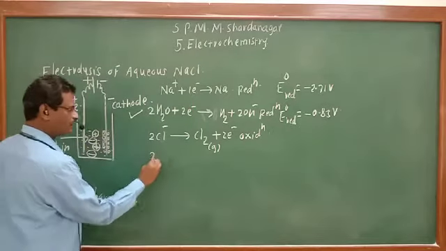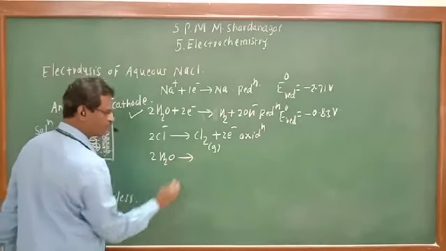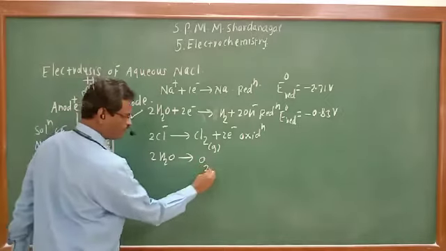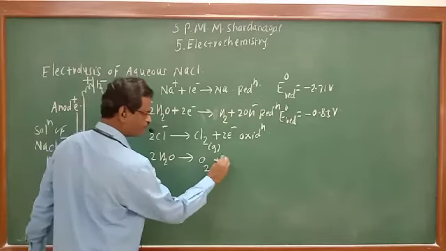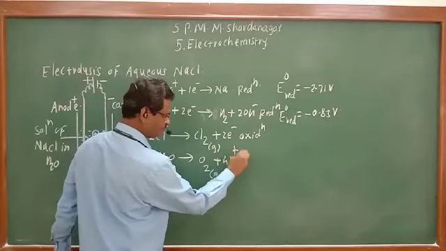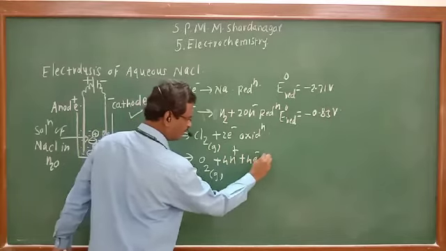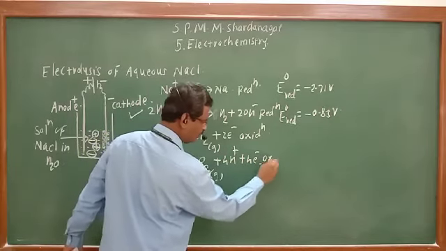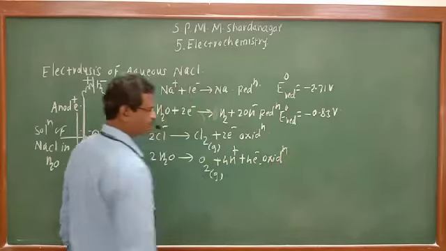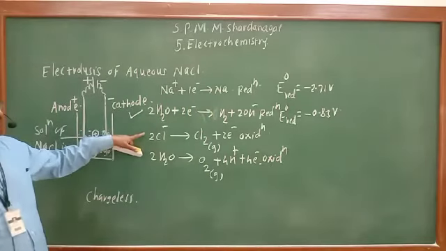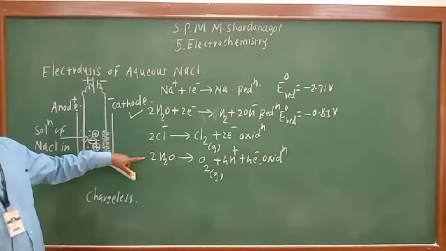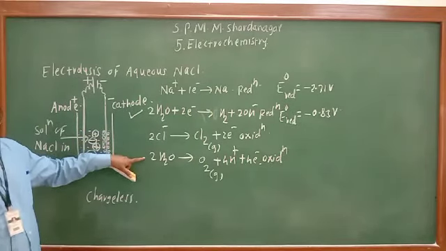The other oxidation reaction is 2H2O giving O2 gas plus 4H⁺ plus 4 electrons. This is the oxidation reaction. So either the first or maybe the second oxidation reaction takes place.